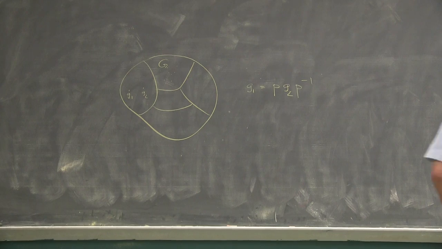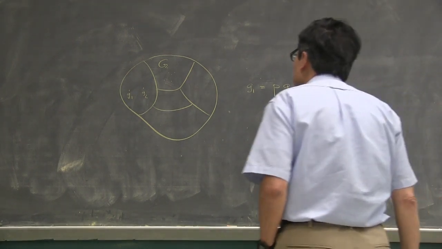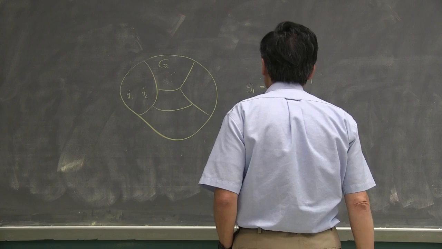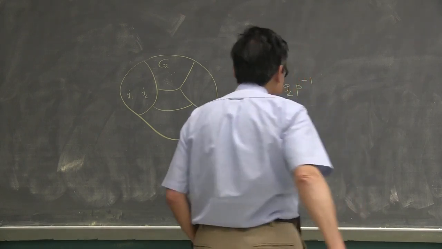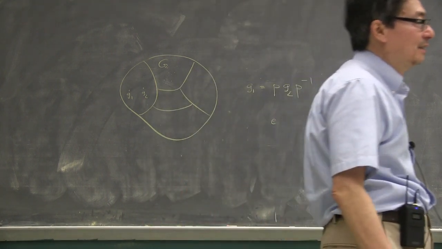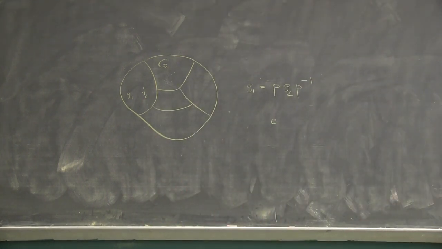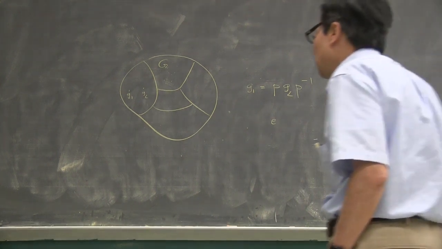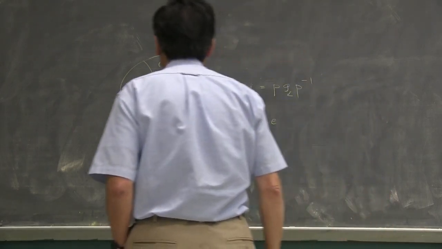Now, there are certain special situations. The element E is a conjugacy class by itself, quite obviously. I think that's a rather trivial case. We're going to make use of this concept a little bit later. We'll come back to it.